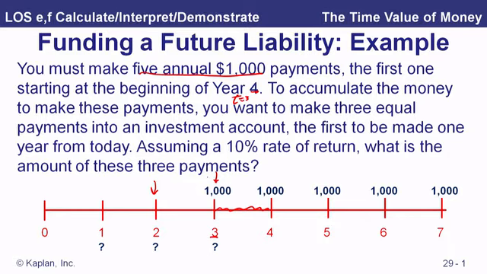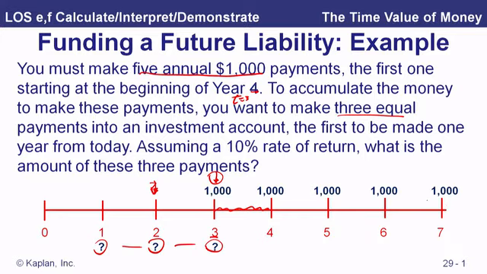I guess we'll calculate the value right here because we've got 3 equal payments, and we're going to make those payments here, here, and here. So the future value of these 3 payments is going to be the same as the present value of these 5 payments.